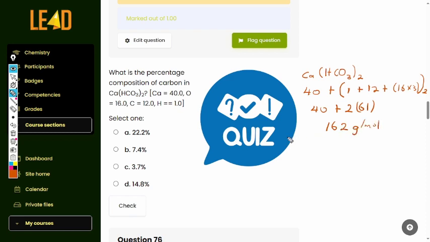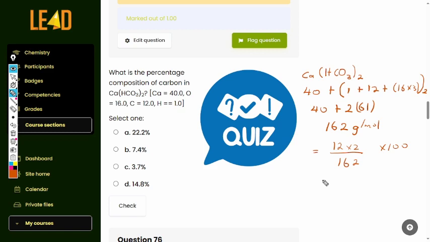So if you want to find the percentage for carbon, we take the mass of the total number of carbon atoms we have here. Notice there is 2 outside here, so it means there are actually 2 carbon atoms here. So 2 carbon atoms will mean 12 times 2 for the carbon atoms over the total mass times 100.